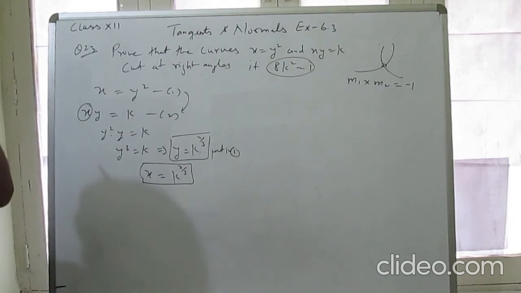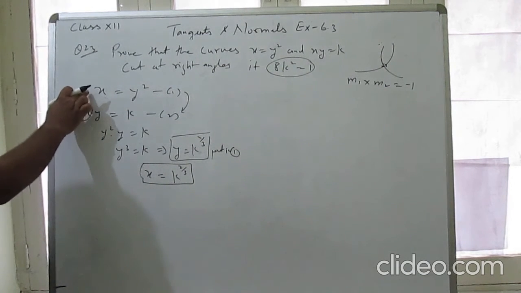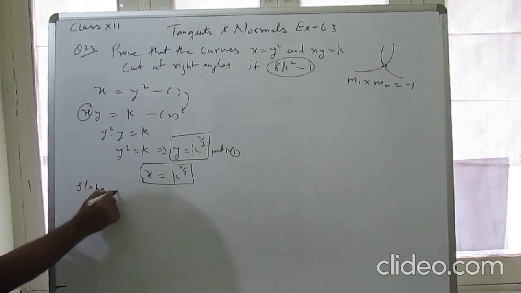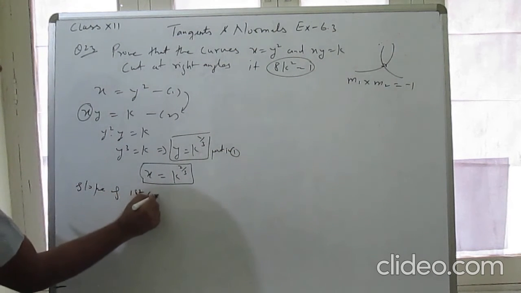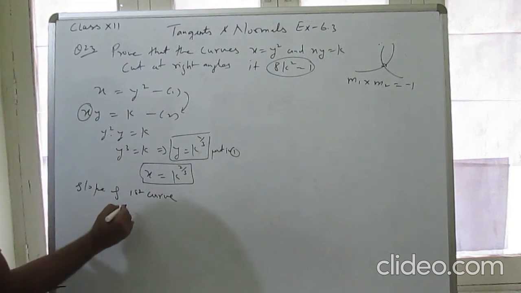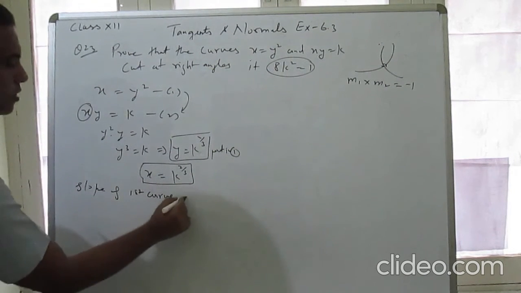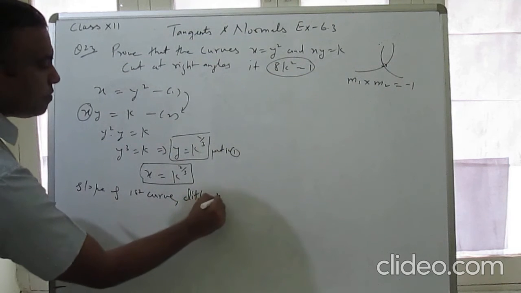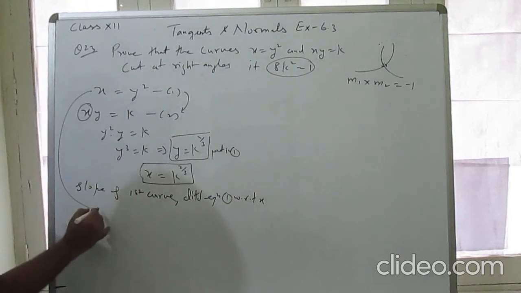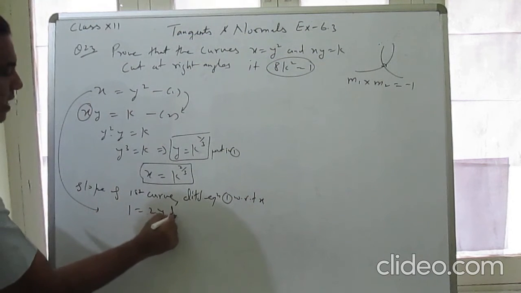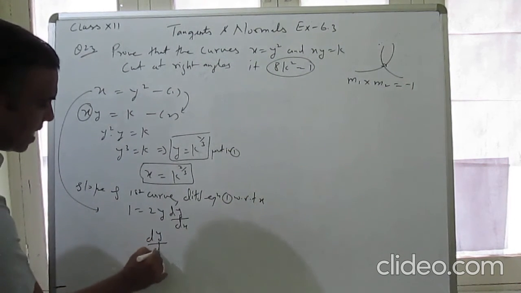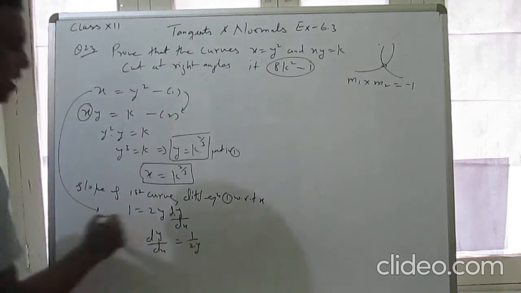Now I have to find the slope of the first curve. Differentiate equation 1 with respect to x. So 1 is equal to 2y dy by dx. This implies dy by dx is equal to 1 upon 2y.